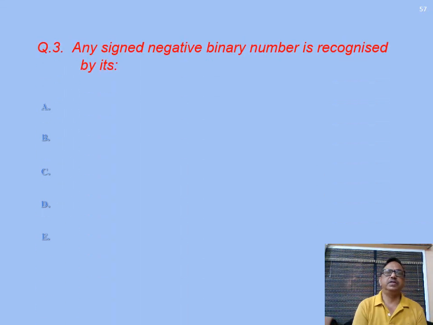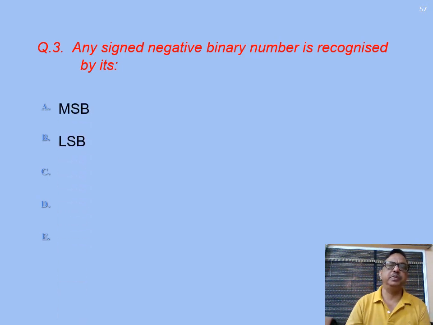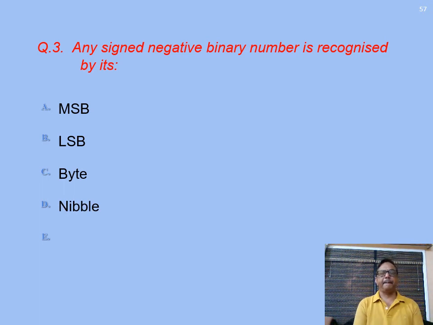Now the third question: any signed negative binary number is recognized by its, you have to tell whether it is MSB or LSB or byte or nibble. Let us see what a nibble is. A nibble is a string or combination of four binary digits.